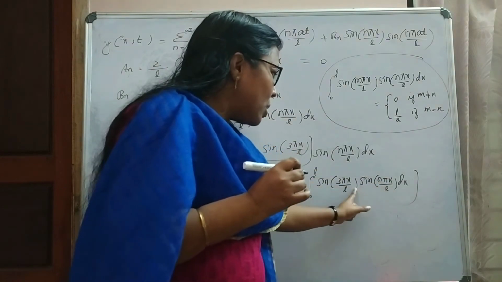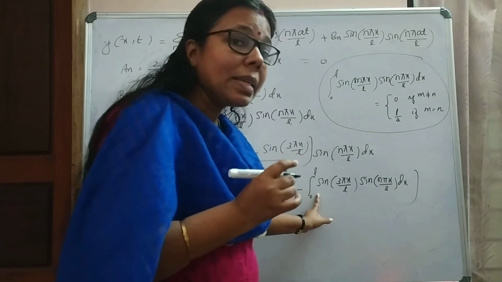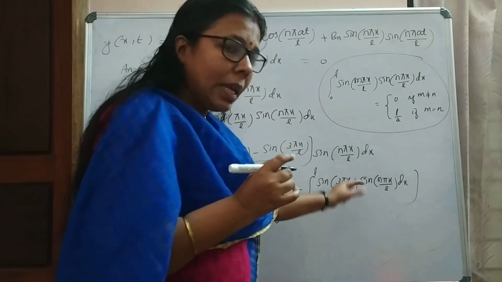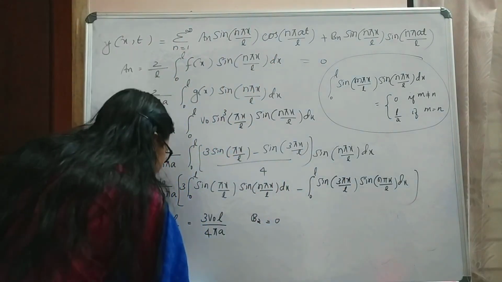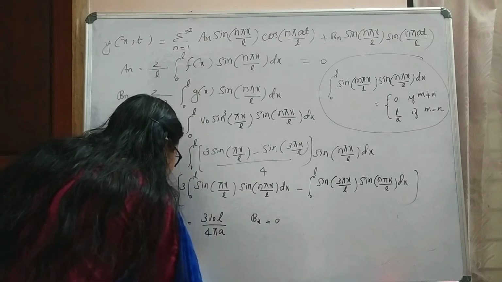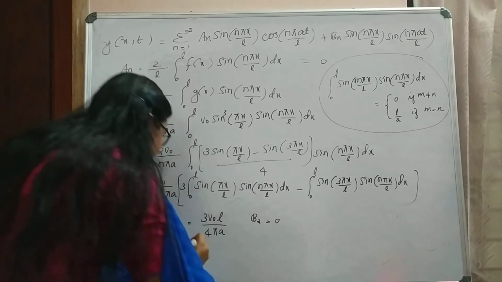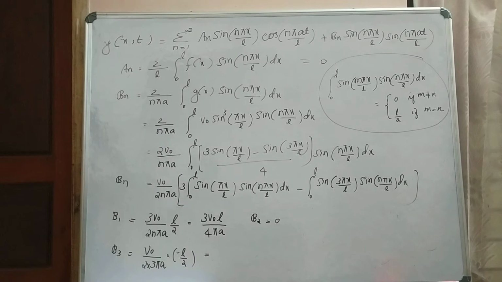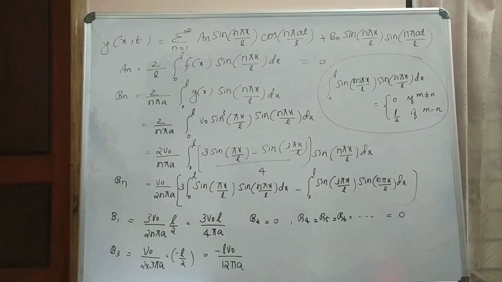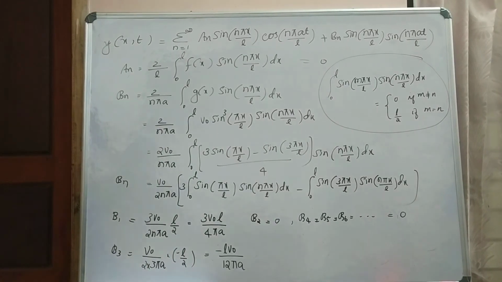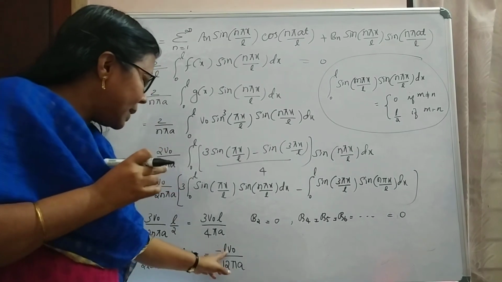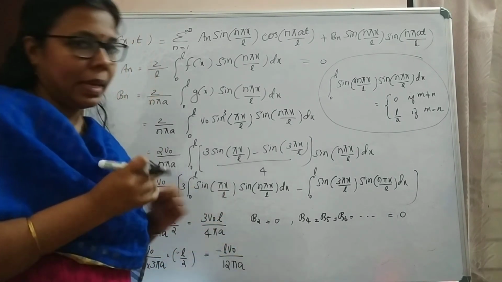These two are equal. Therefore value for this integral is, with the minus sign, L by 2. That is into minus L by 2. Here we obtained b3 equal to minus Lv0 by 12πa.